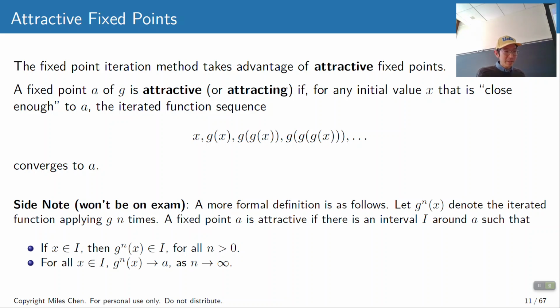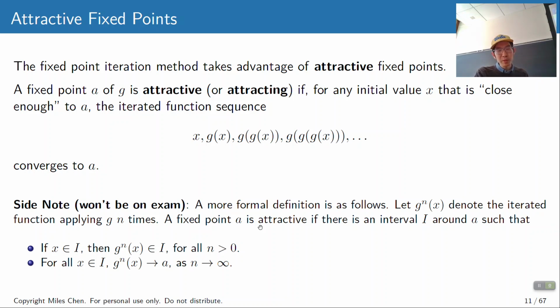If we have some fixed point A and it is attractive, then we're able to start at some arbitrary value x close enough to A, and if I take g of x, and then g of that result, and then g of that result, and I keep doing this, and it converges to A, we would say A is an attractive fixed point of the function g of x.